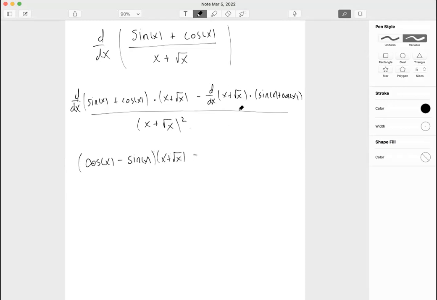Okay, then what's the derivative of x plus root x? So what's the derivative of x? It's 1.